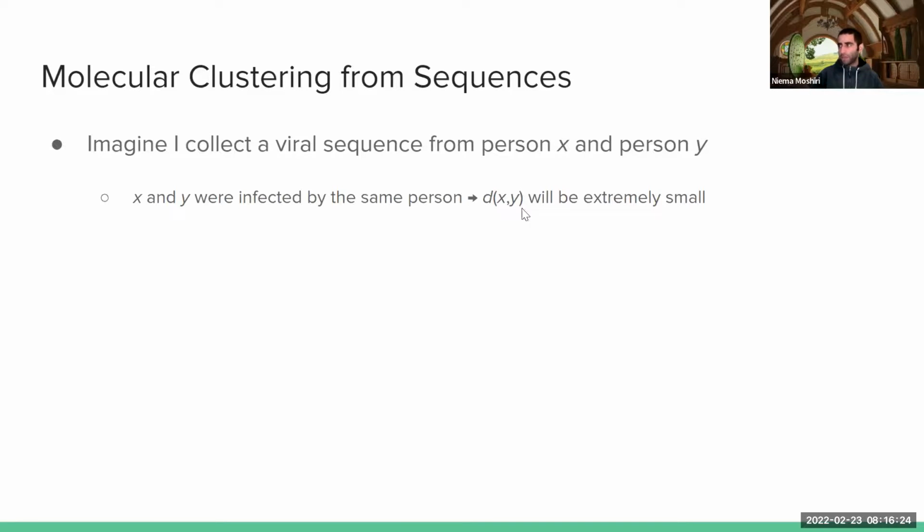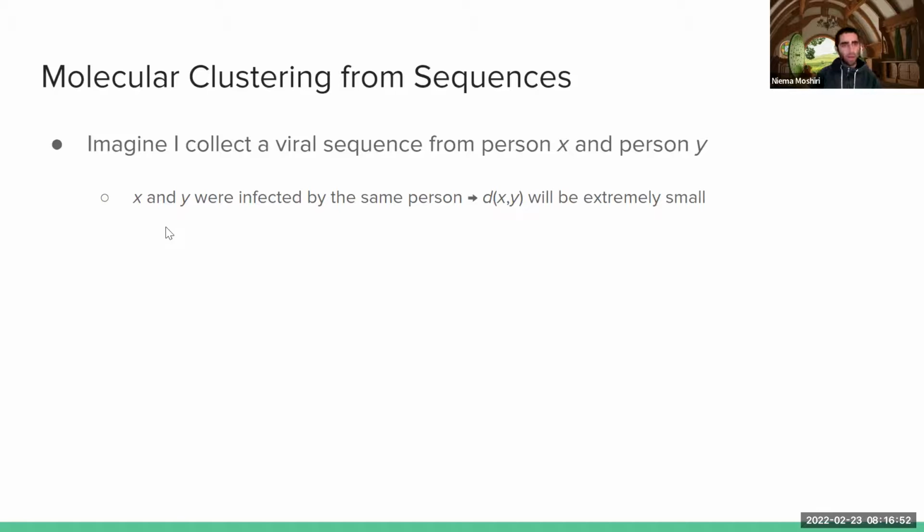In this notation, d(x,y) is the pairwise distance between the viral sequences of the two. If it's 100%, the two sequences are completely different. If it's 0%, the two sequences are completely identical. It's just the pairwise distance between the two sequences.